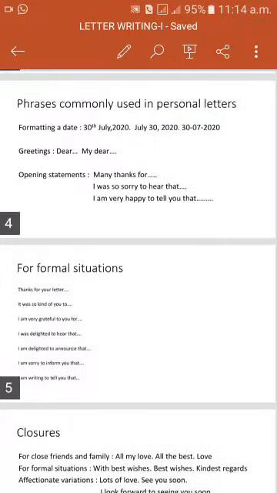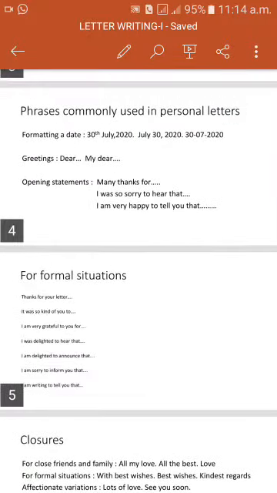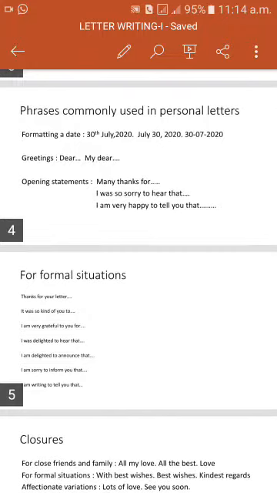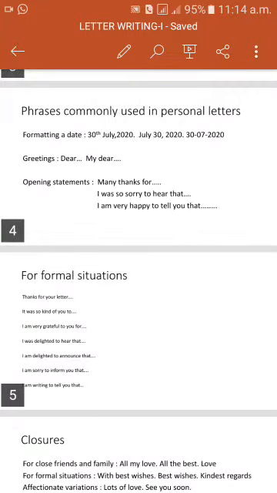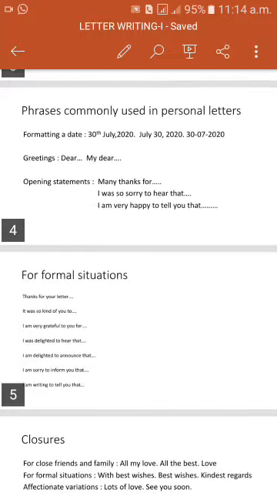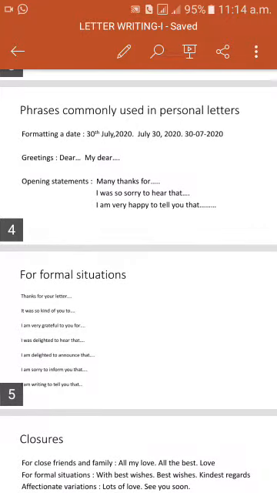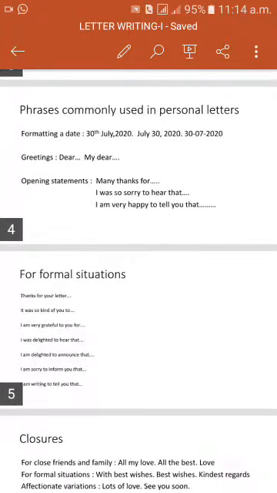What are the phrases commonly used in personal letters? Formatting a date, how the date is written.